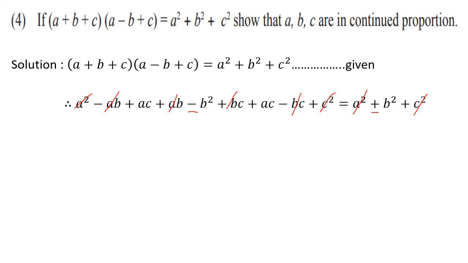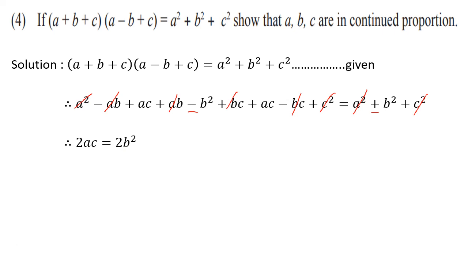But see, this plus AC and plus AC have the same sign, so we cannot cancel them. Now, let's write down the remaining terms and add them. This minus B square we will shift here, so it will become plus B square. And here AC plus AC we will get 2AC. And here B square plus B square we will get 2B square.